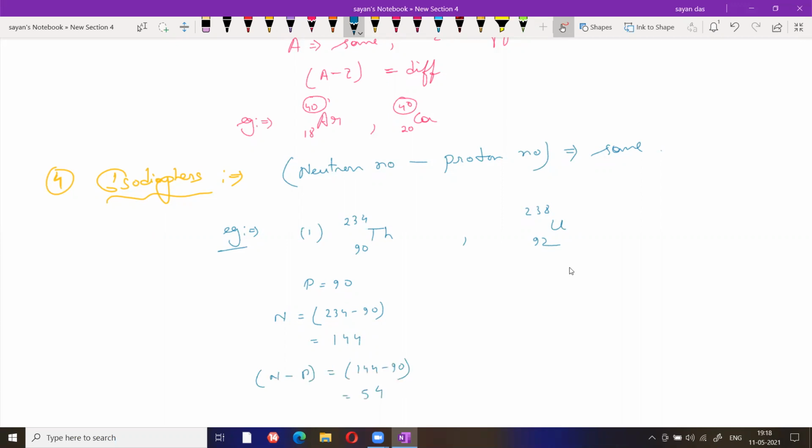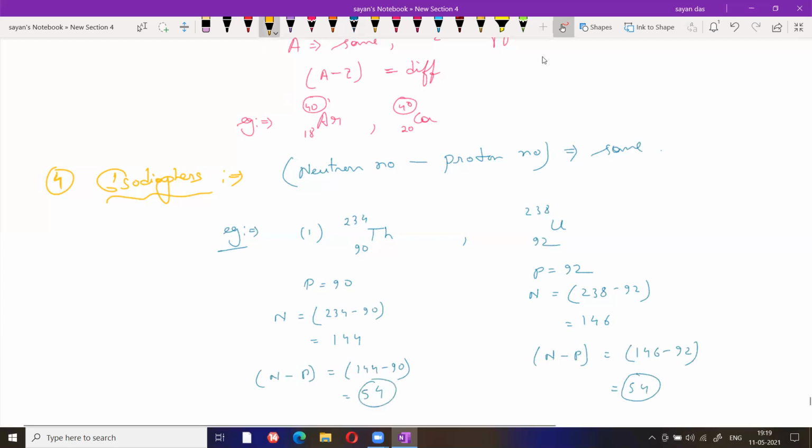Proton number is 92. Neutron number is 238 minus 92, so it becomes 146. Now neutron number minus proton number, 146 minus 92, this value is 54. Look, these two values are the same. They are called isodiaphers.